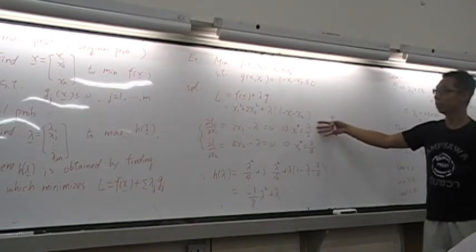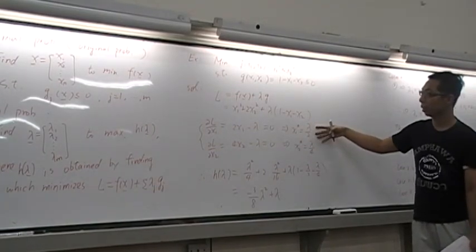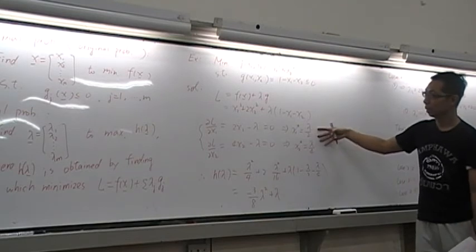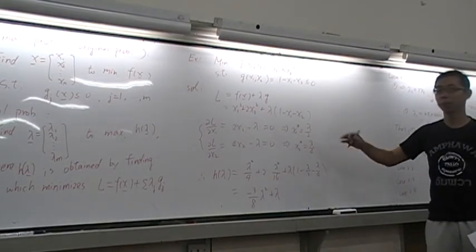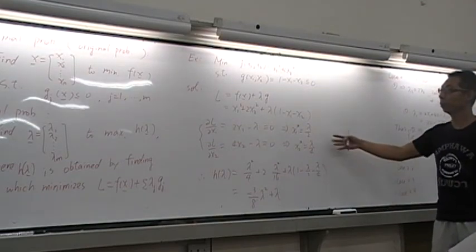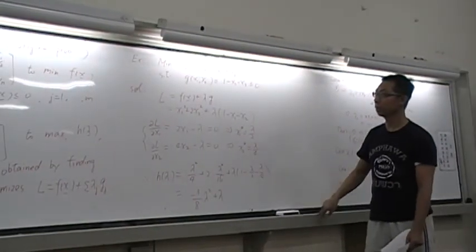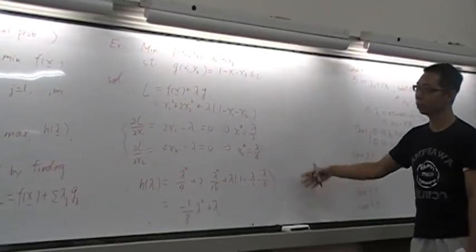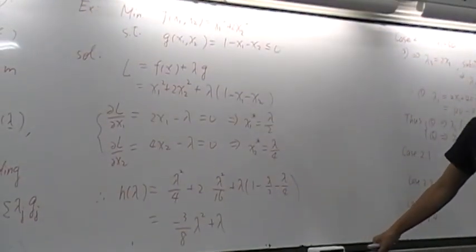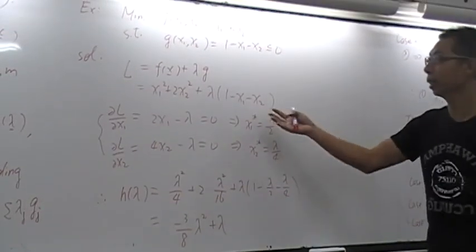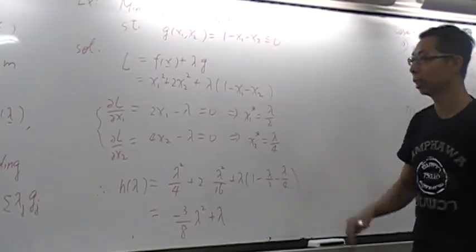By the way, after having this, the necessary condition does not guarantee that here we have a minimum. But if you take a look at the Hessian matrix, you will see that the Hessian matrix is positive definite. So indeed, we have a local minimum here.